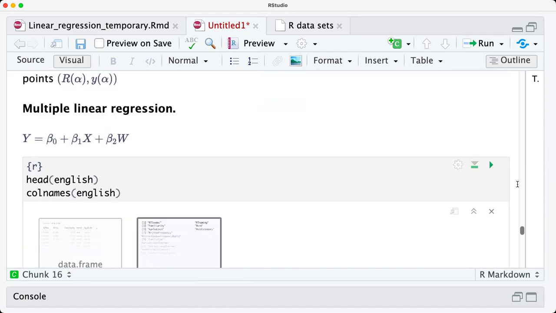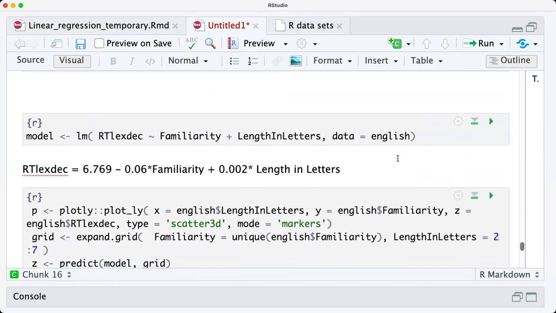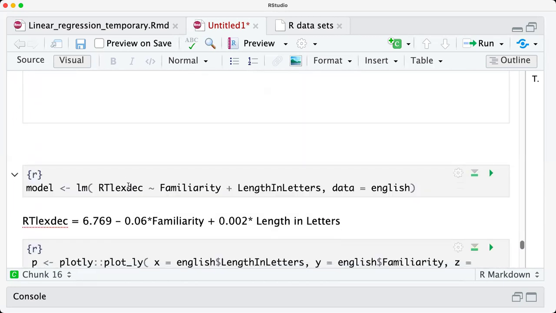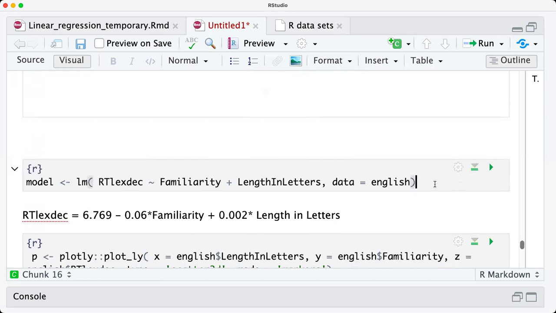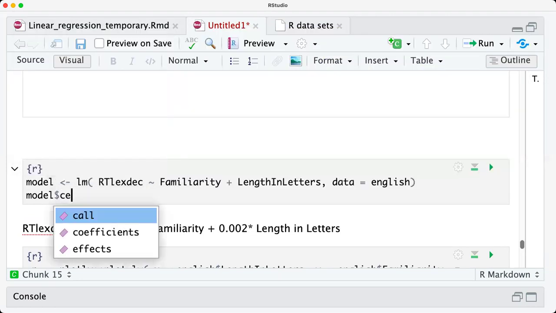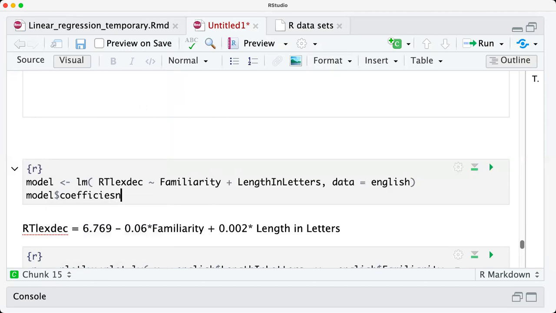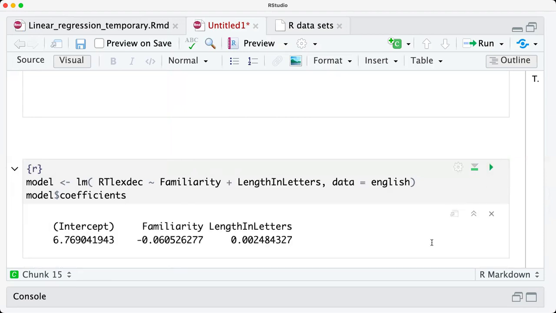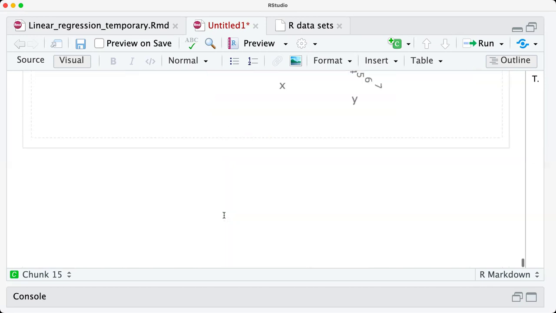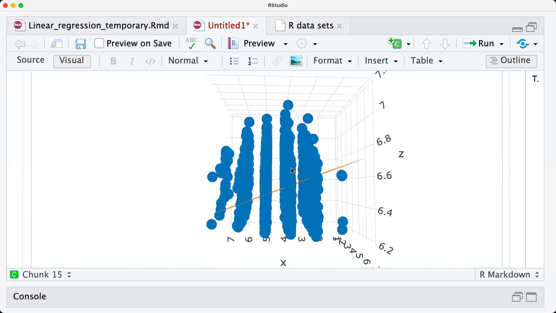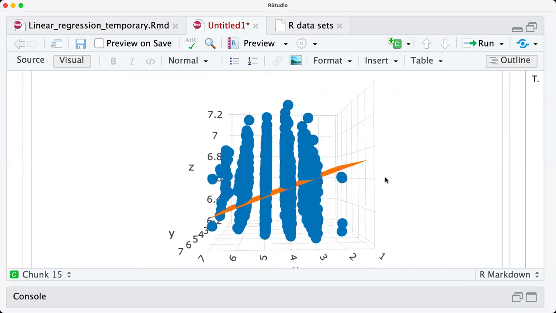Why is the slope bigger in the component of familiarity with respect to the other? Okay, here I'm plotting the x value against z, and y is kept fixed.